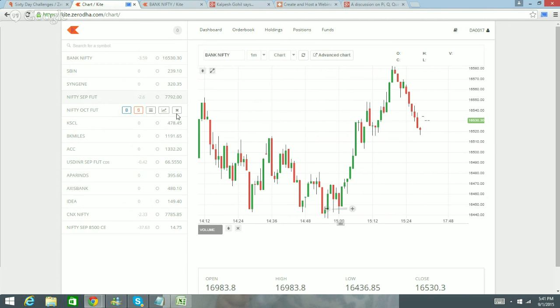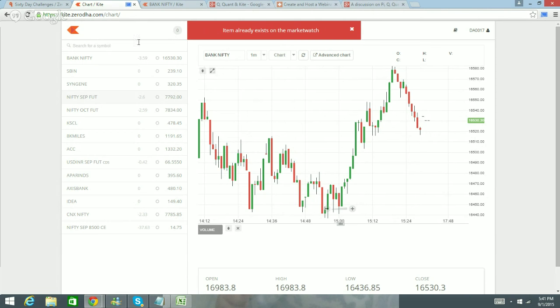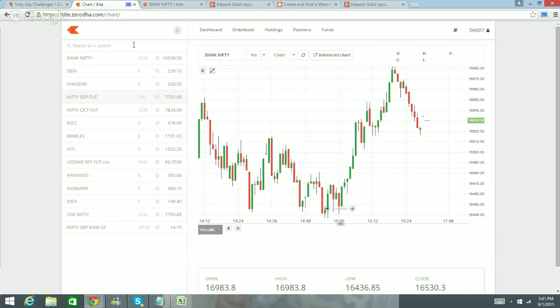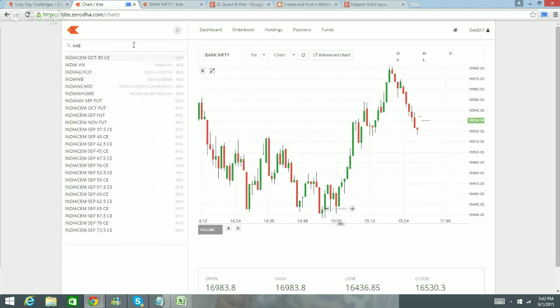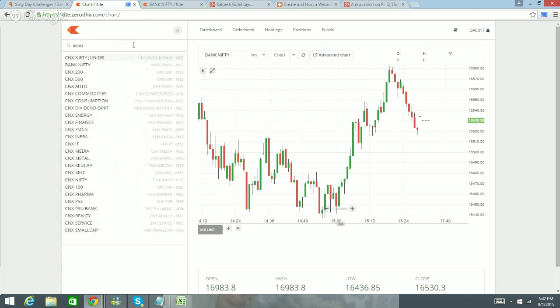Okay, guys. If you want to add the index CNX Nifty, CNX Nifty is the name of the index.